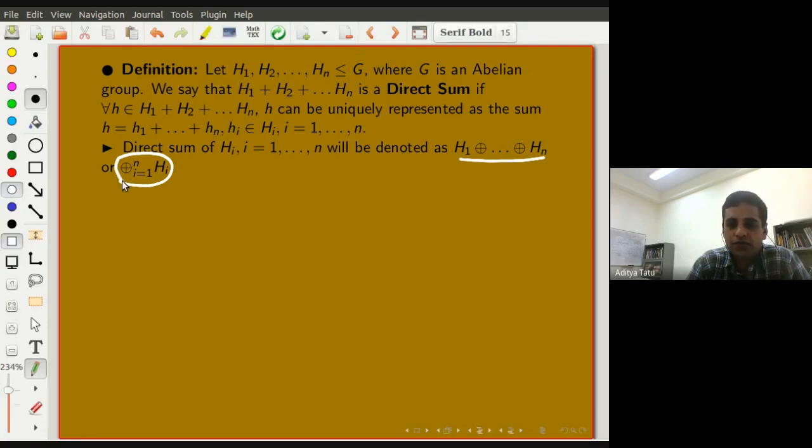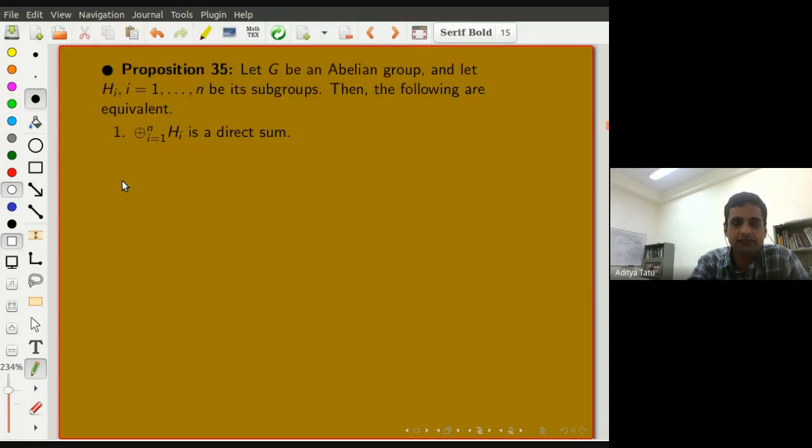Any questions so far? No, sir. Okay, then let's try to relate this definition of direct sum to the intersection condition. Let G be an abelian group and let H1 to Hn be its subgroups.